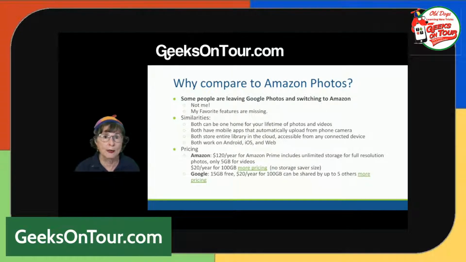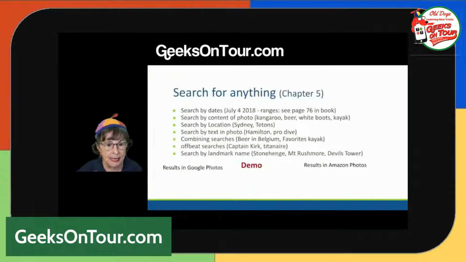And at that point, their pricing is pretty much the same as Google Photos: $20 a year for 100 gigabytes. Google gives you 15 gigabytes free to start with, and then it's $20 a year for 100 gigabytes. Same as Amazon. But Google gives you Storage Saver size, so you can store more photos and videos in the same space on Google than you can on Amazon. So that's my little pitch there.